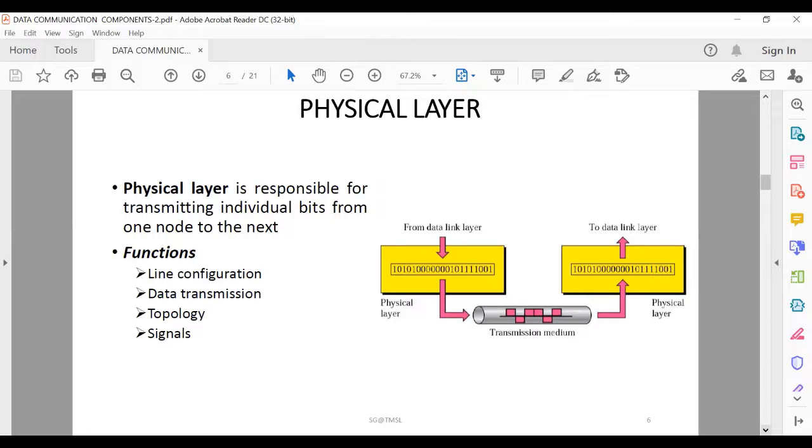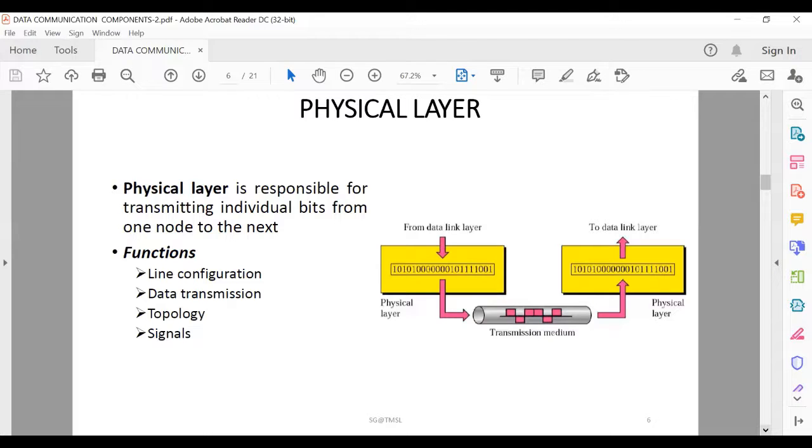In data transmission, it defines the transmission mode, whether it is simplex mode, half duplex mode, or full duplex mode between the two devices on the network. Last day I discussed the different modes of transmission: simplex, half duplex, and full duplex. These are defined using the data transmission function.